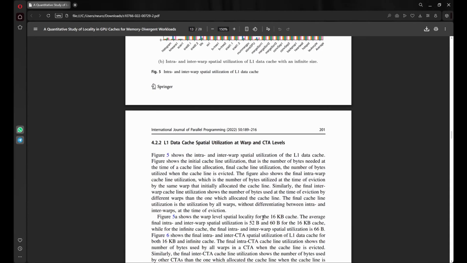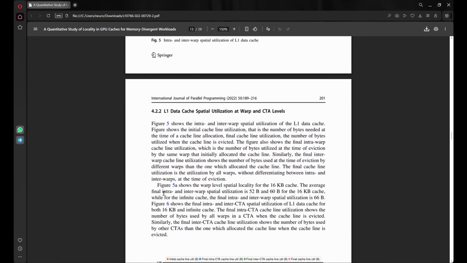It also shows an inter-warp spatial utilization, for all of the threads outside of the same warp, maybe in the same CTA or a different CTA: 60 bytes of the cache line are being used. When they ran the experiment with infinite cache, the two values converge to 66 bytes.